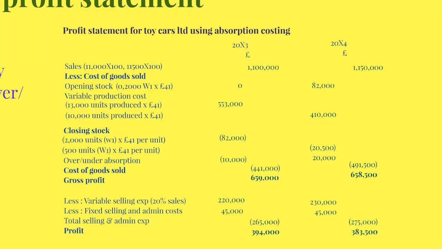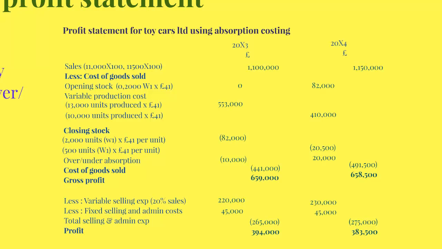And our expenses, again, the same apart from the fact that the variable selling expenses are higher as we sold more, giving us a total additional cost of 275,000, giving us a lower profit of 383,500.